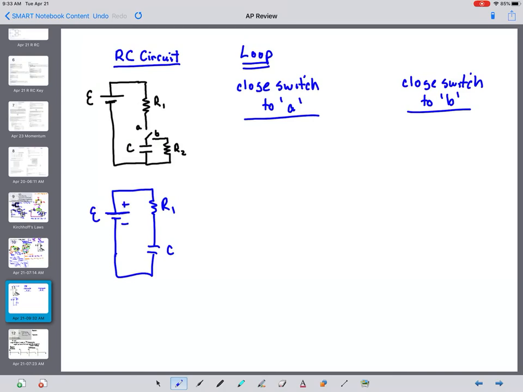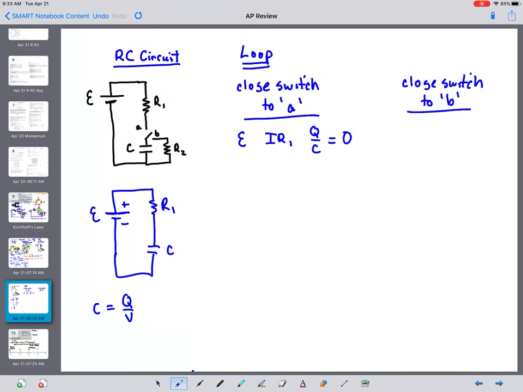On my battery, high side, low side, I have an EMF. My voltage across the resistor is IR1. The voltage across the capacitor, from C equals Q over V, V would be Q over C. And my total is going to be 0.